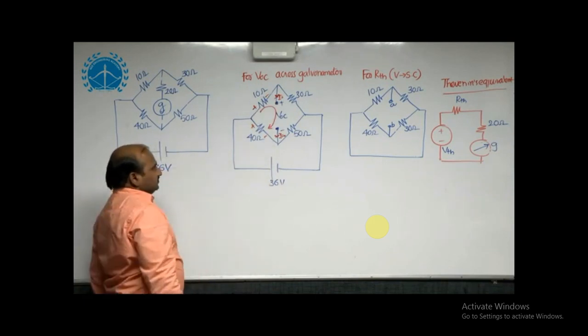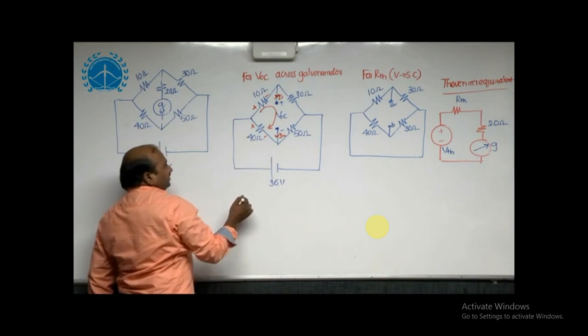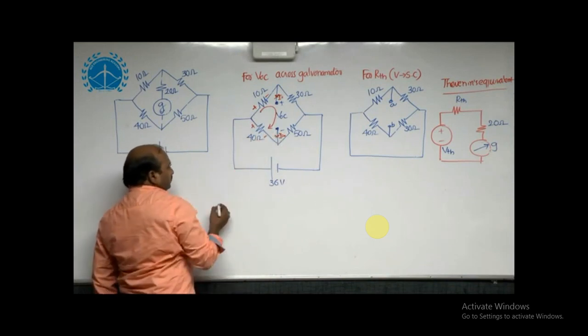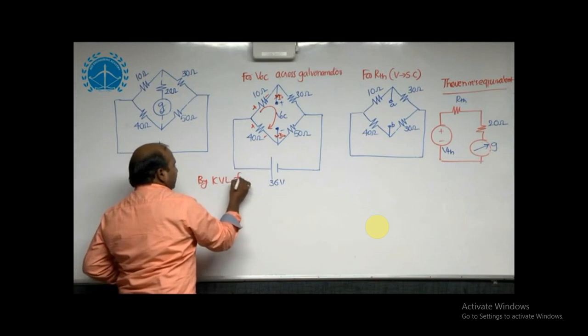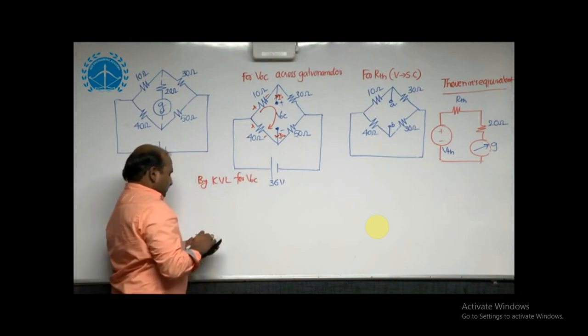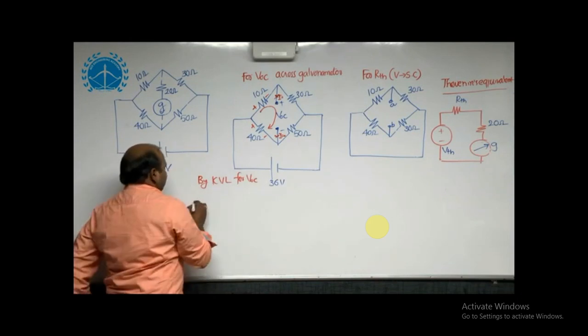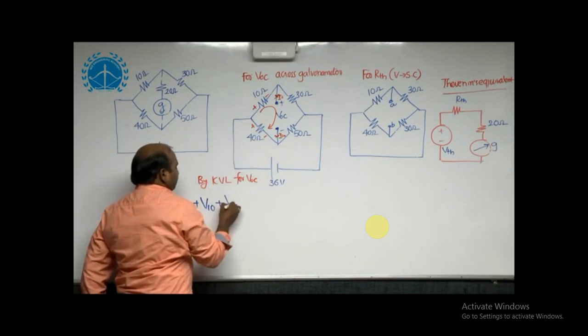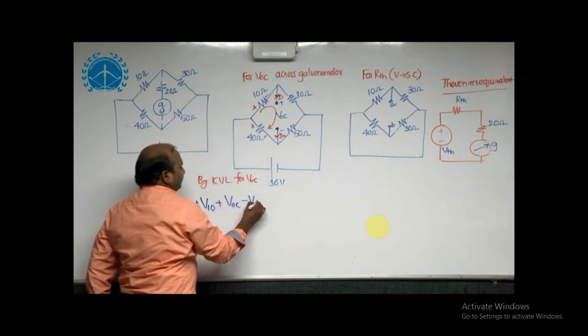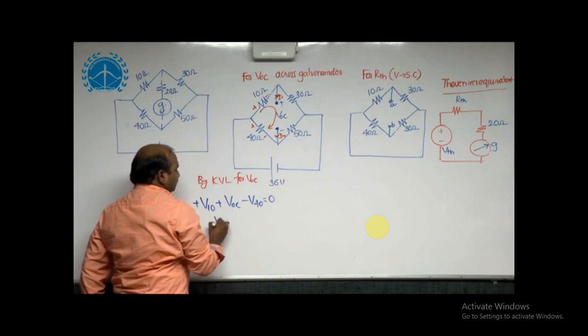I can apply KVL for this one. By KVL for VOC, starting from this terminal, plus V10, plus VOC and minus V40 is equal to 0.